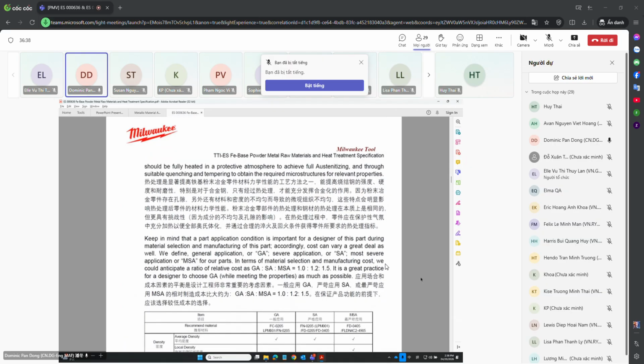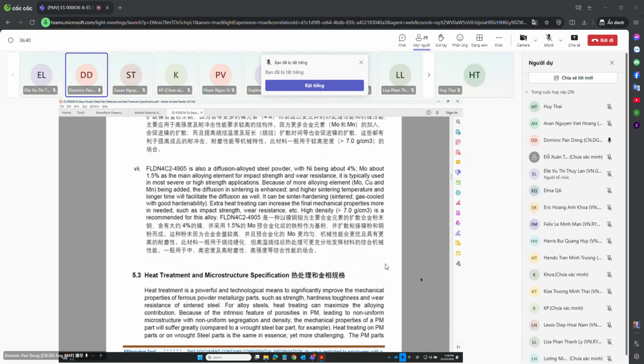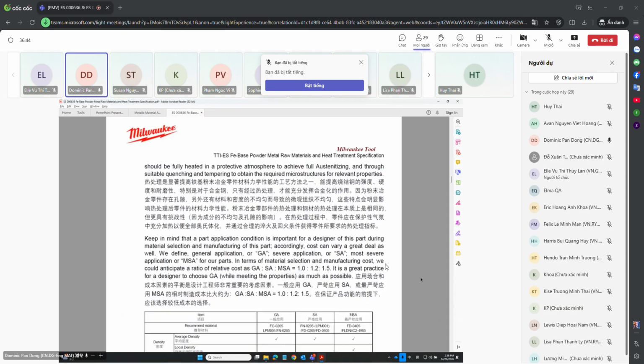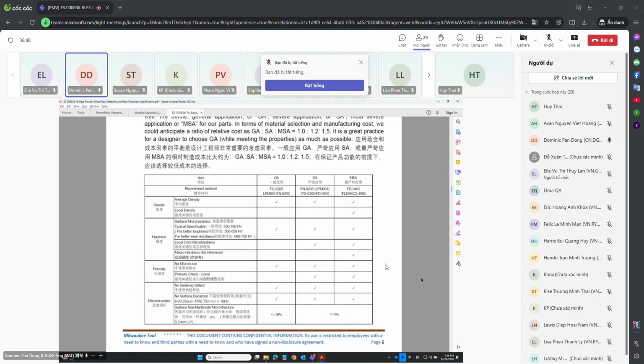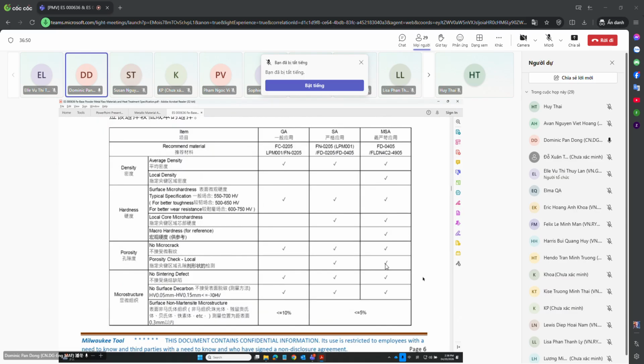Okay, then we need to take a look at the heat treatment and microstructure specification. Here, let me go into this summary table. This is more helpful for you guys, I think, compared with those many words there.